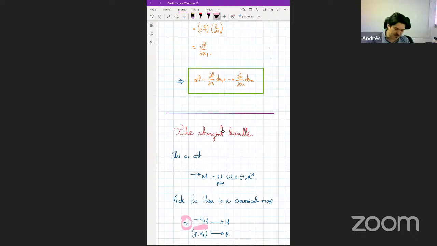This is no longer the tangent bundle, it is the cotangent bundle, but I use the same letter. So this is a manifold, this is a set, and this is a function. We will make this into a smooth manifold, and this will become a smooth function.